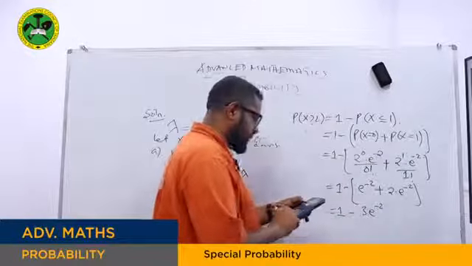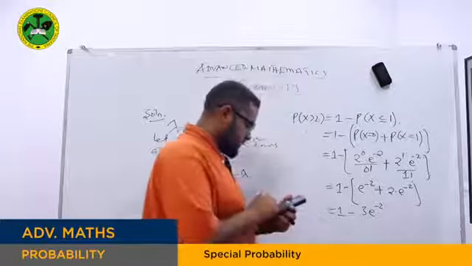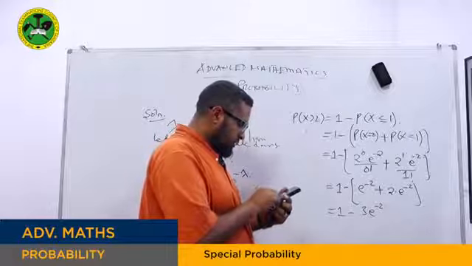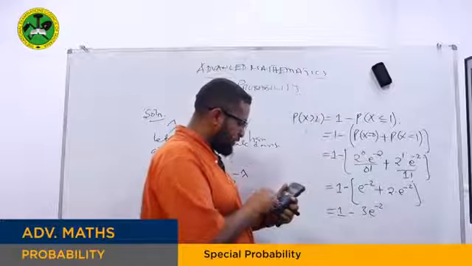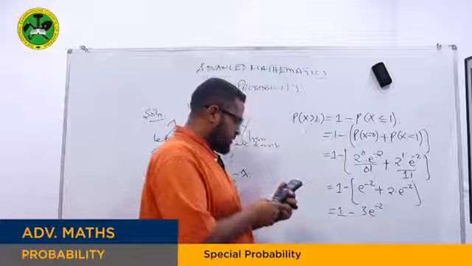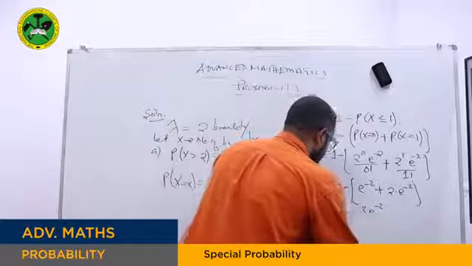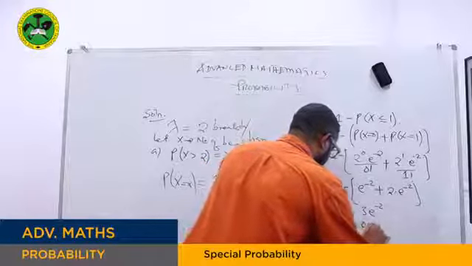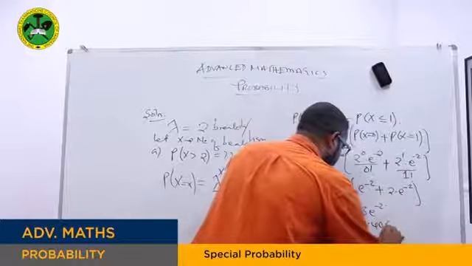Let's use a calculator. So 3 times e to the power of negative 2. And that gives us 1 minus 0.406.